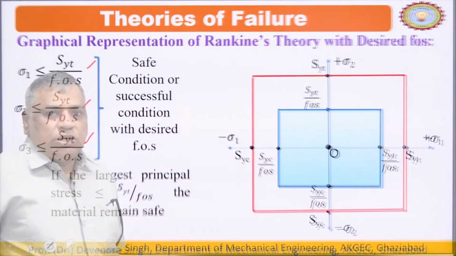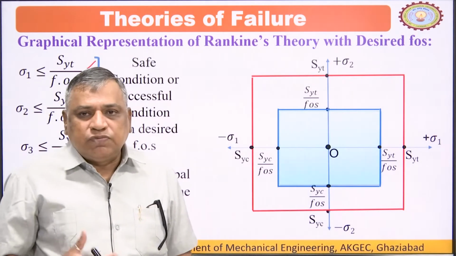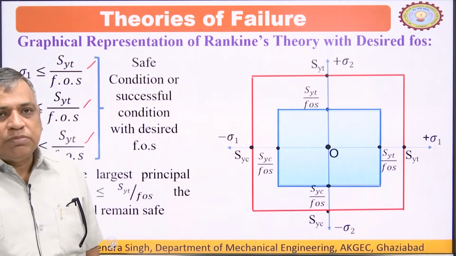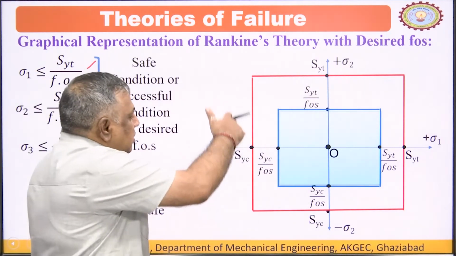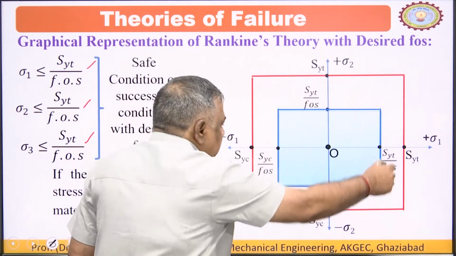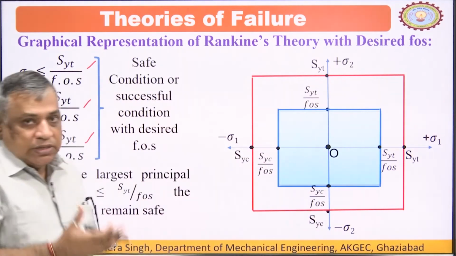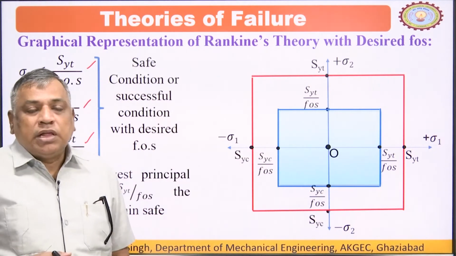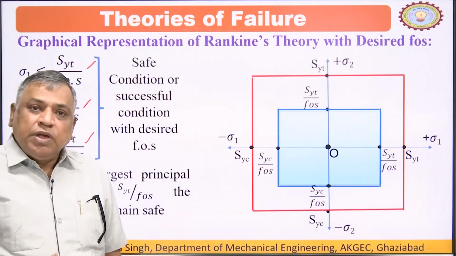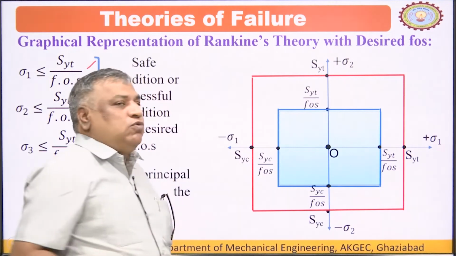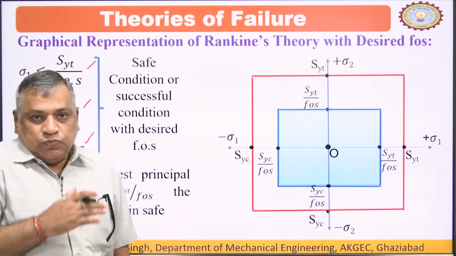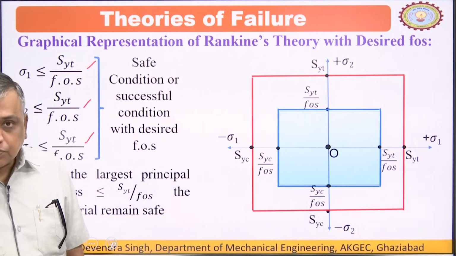This colored zone is the safe zone with factor of safety according to the maximum principal stress theory, Rankine's theory, and the white zone outside this but inside the larger rectangle or square is called the danger zone or unsafe zone for this factor of safety.